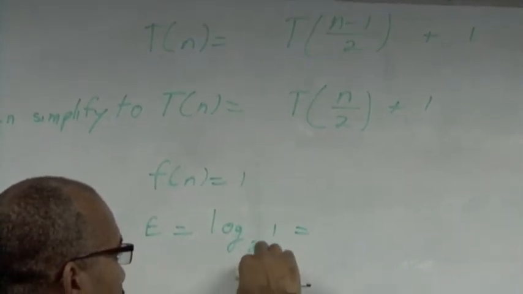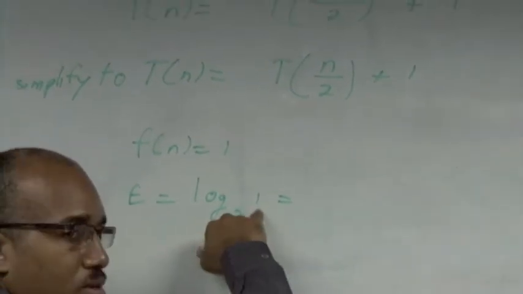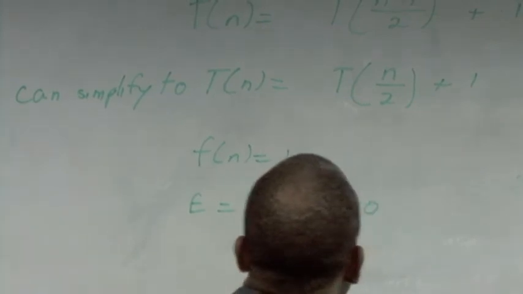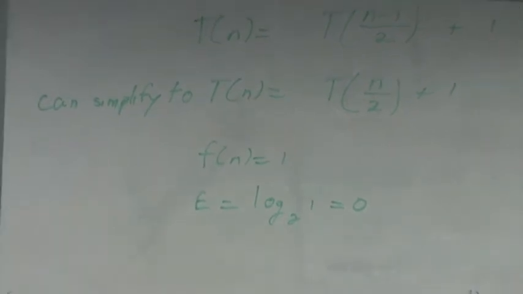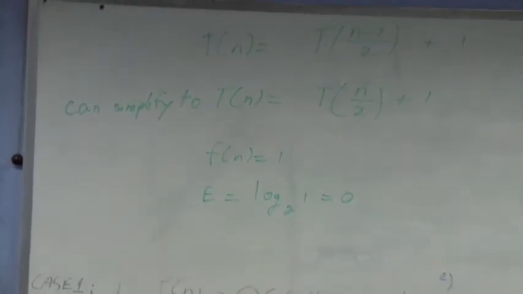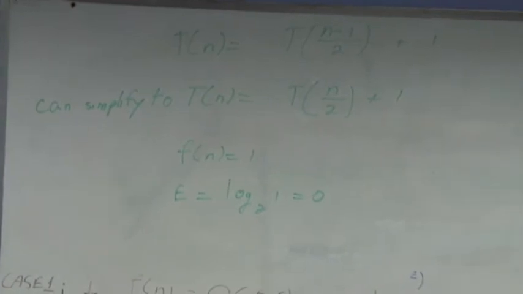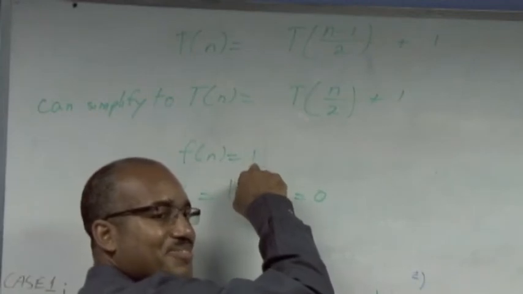Log to the base of any number of 1 is 0. So with that being 0, what would be the exponent of f of n? No, f of n is 1. The exponent would be 0.